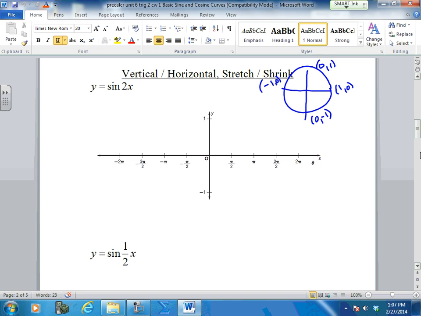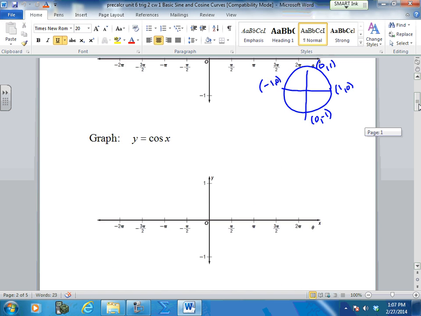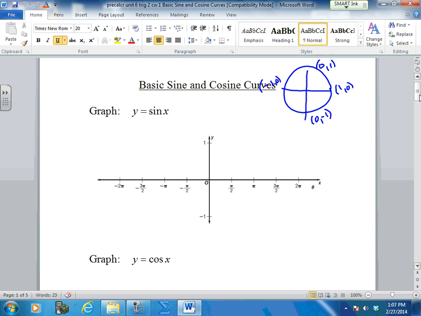Now, I'm looking at my sine. My sine is which value, my X or my Y? My Y. At 0 degrees, what is the sine of 0? Follow your Y's. 0.